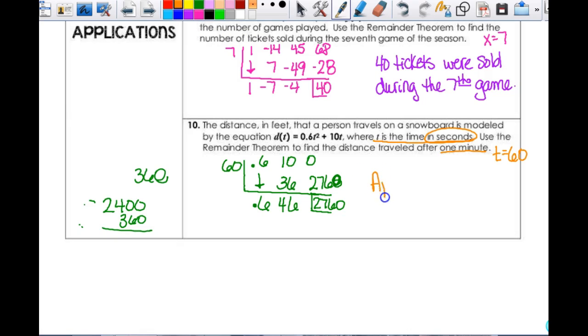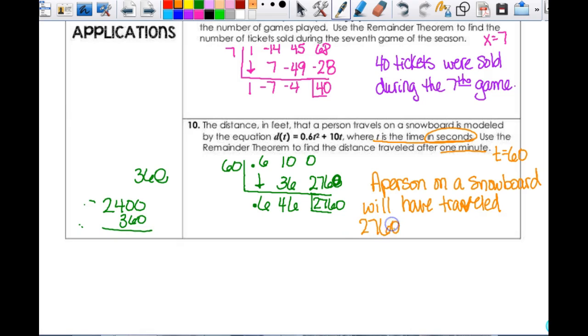So a person on a snowboard will have traveled 2760 feet after 1 minute. Does that make sense? So make sure you're actually answering the question.